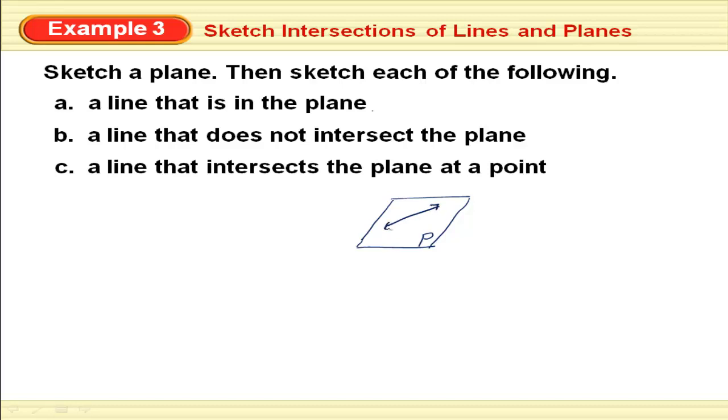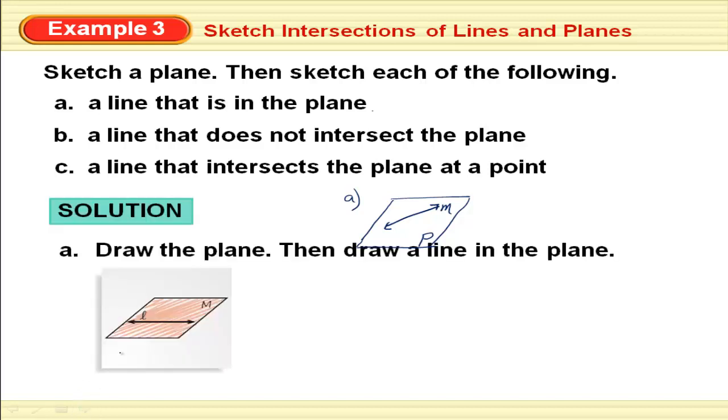So here is line M on the plane. That's your first sketch. This is letter A. Now this slide has a better drawing. Here it is. It's a plane M with line L on the plane.